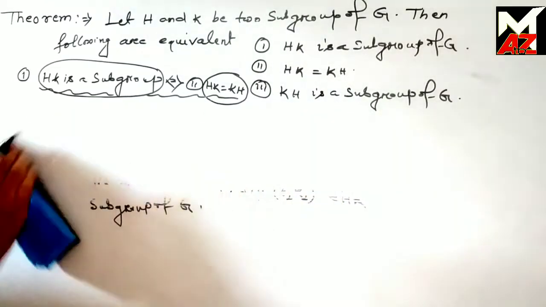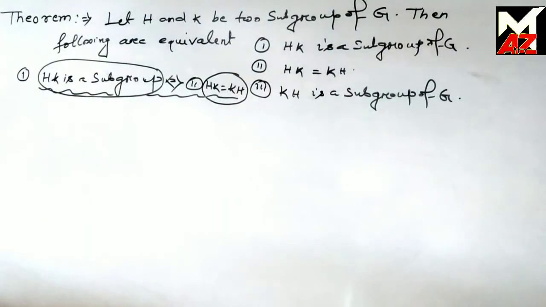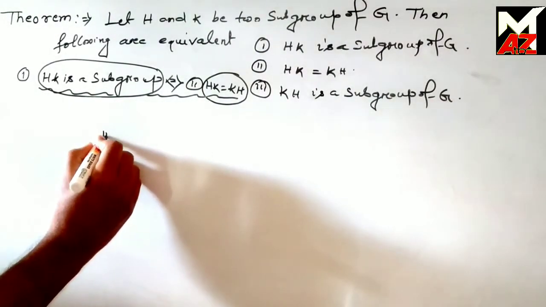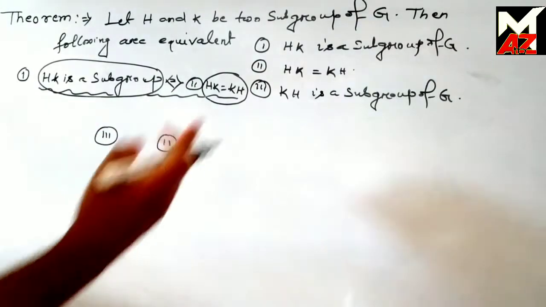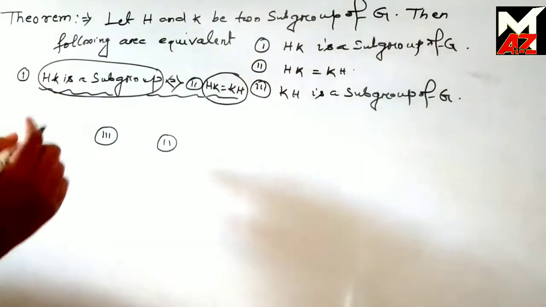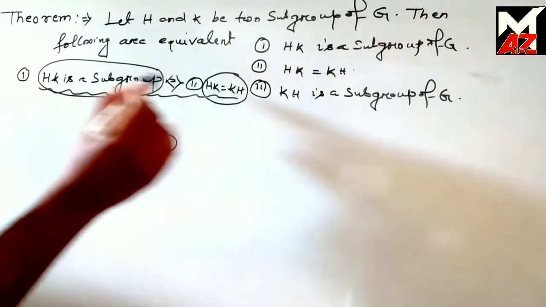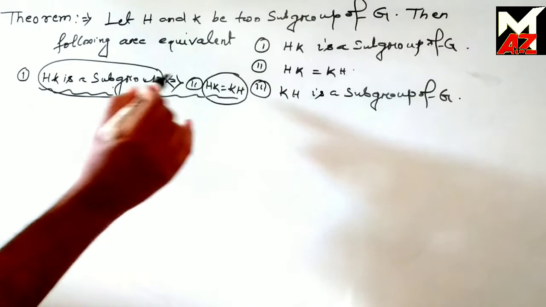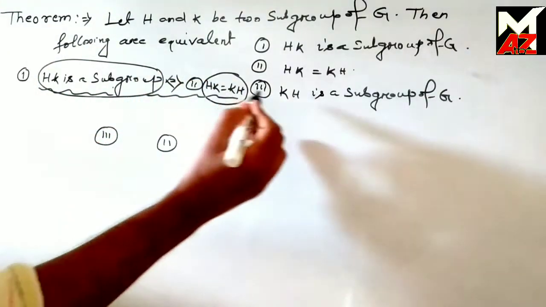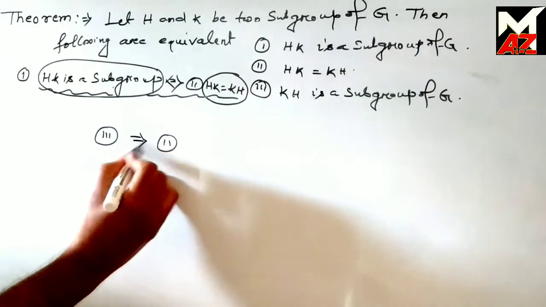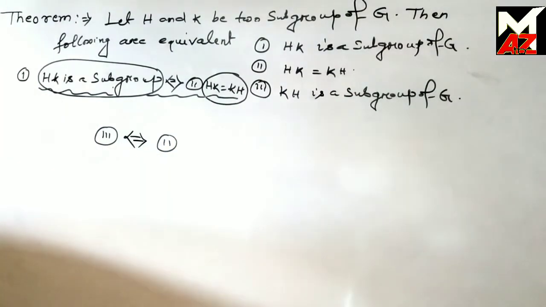Similarly, if we take 3 and 2, this proof is also the same type, because here if HK is a subgroup, then HK equal to KH, and we get the if and only if proof. Similarly, if we take 3 and 2, then we also get 3 implies 2 and 2 implies 3.